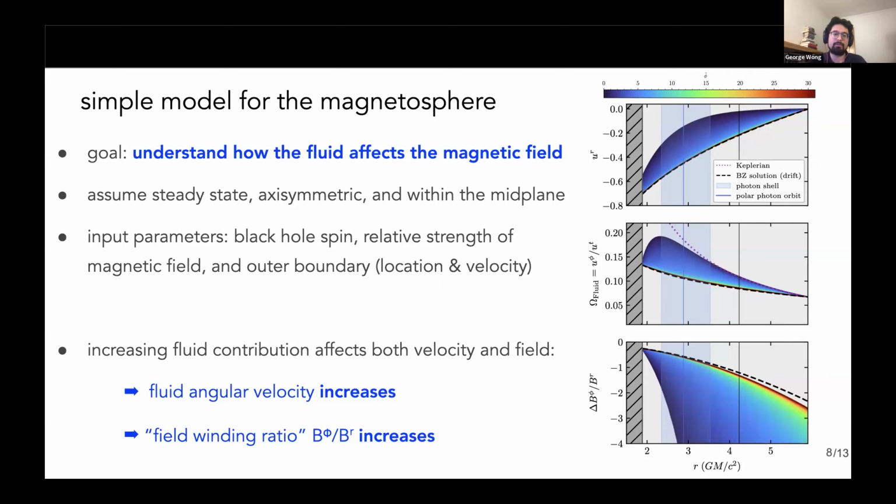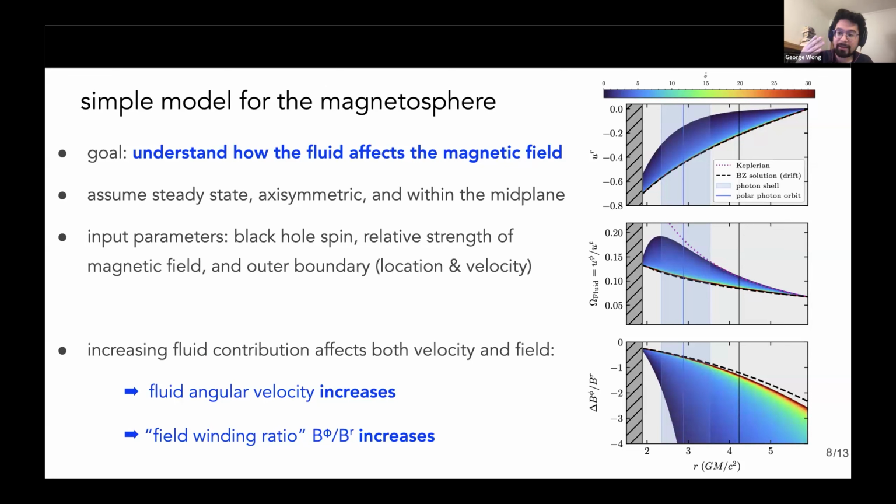And so we make a few simple assumptions. We assume that the system is in steady state, so it's not changing with time. We assume that it's axisymmetric. And we also confine all of the dynamics to lie within the midplane. And so if you make all of these assumptions, then the input parameters for your model are the black hole spin, which is good because you want to understand the relationship with black hole spin.